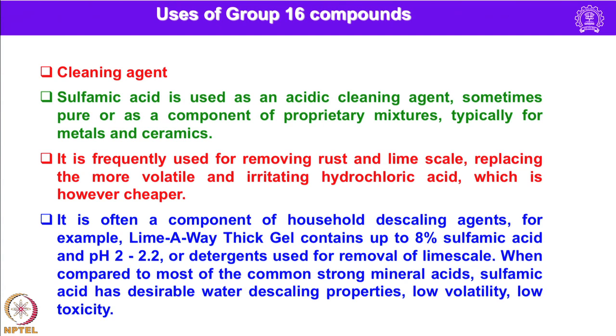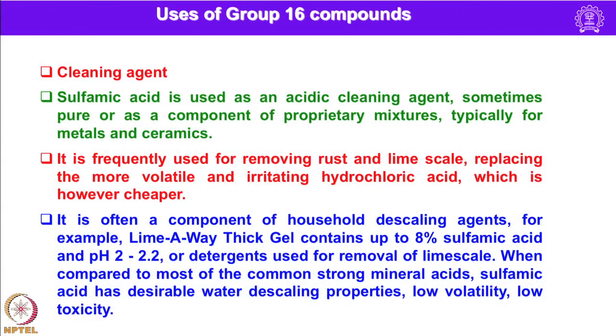It is frequently used for removing rust and lime scale, replacing the more volatile and irritating hydrochloric acid, which is however cheaper. It is often a component of household descaling agents. For example, a thick gel contains up to 8% sulfamic acid and works in the range of pH 2 to 2.2, or detergents used for removal of lime scale.